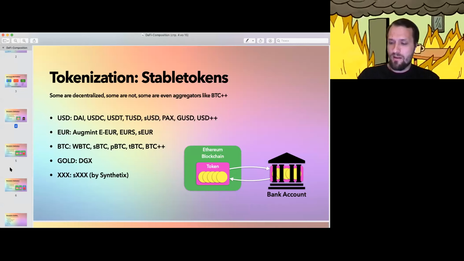You should check each of these tokens for blacklisting functionality, because those people who bring these assets into blockchain and those who are going to extract them from blockchain interacting with this bank account are one category of users. But another category of users will just use this token and will never interact with this bank account and will never have this in mind. They will just use this token in blockchain and benefit from having a stable token.